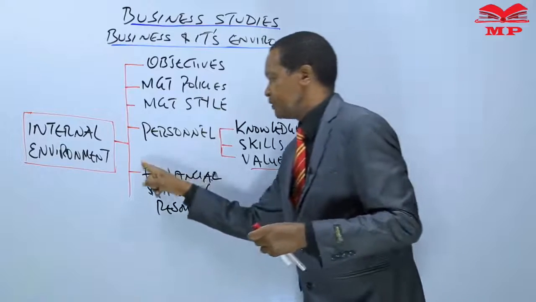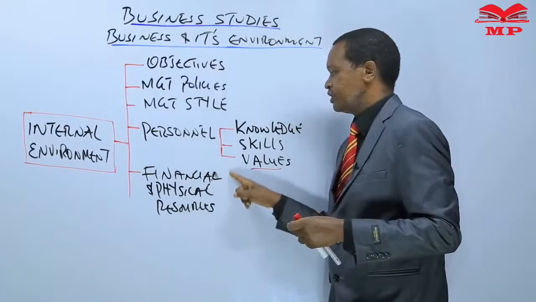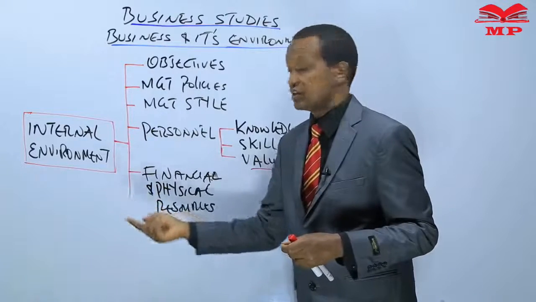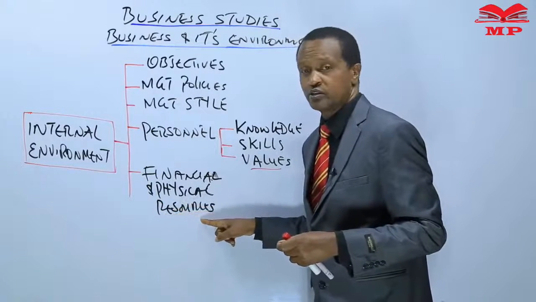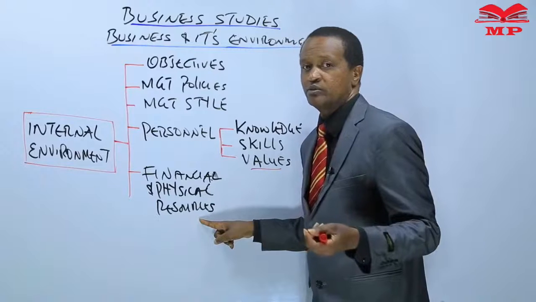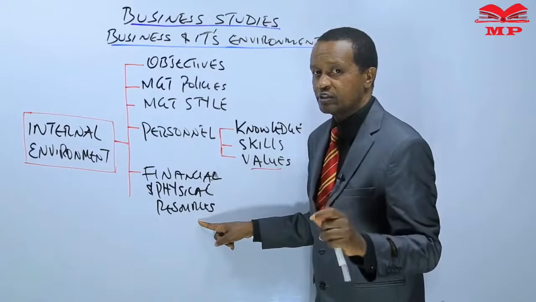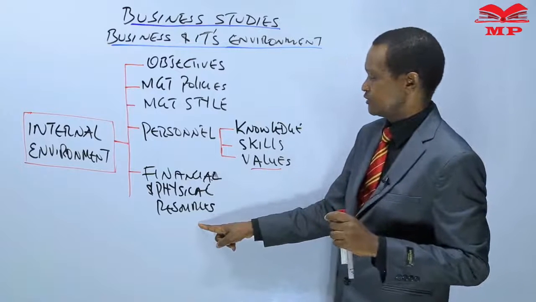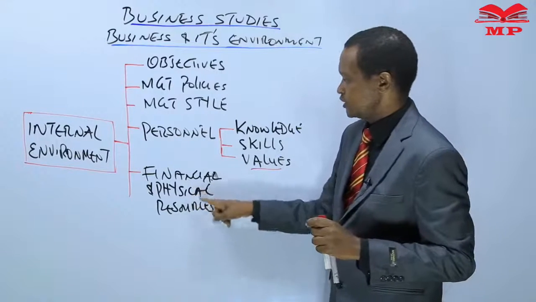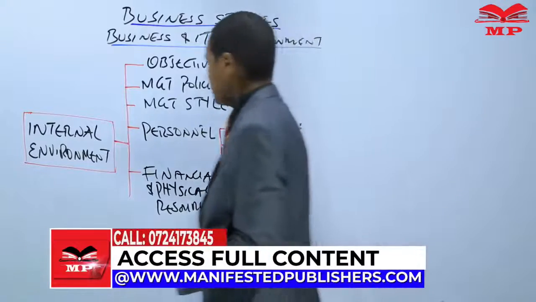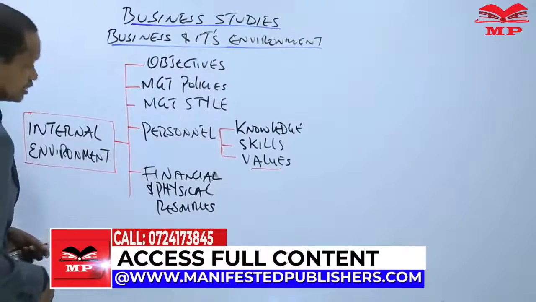But if they are not made available, because the company may have the money, but the management has not decided to buy these physical resources, then that one will lead to failure in achievement of business goals or objectives. So financial resources and physical resources is another factor that we have discussed.